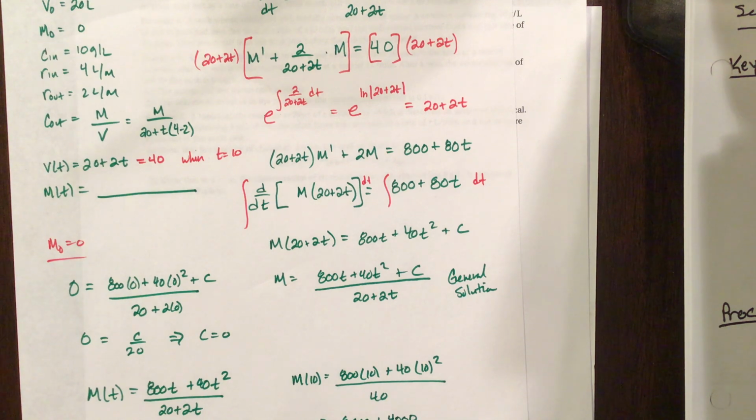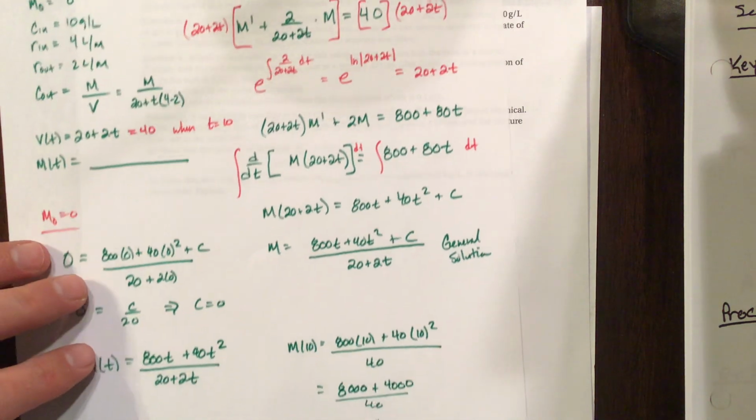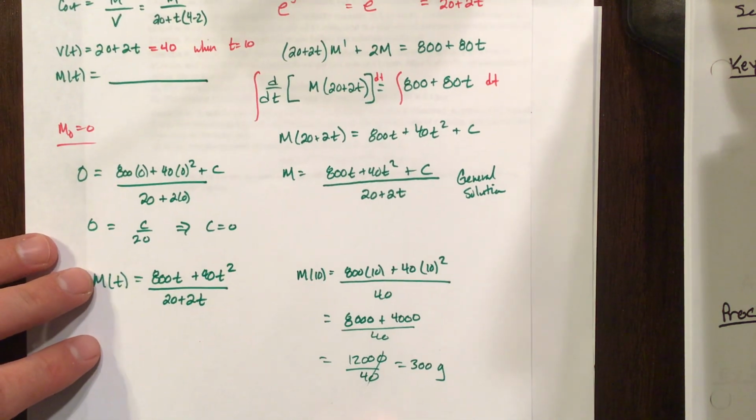Yeah. And divide that by 40, so we get 12,000 over 40. Looks like that is going to be 300 grams. All right, so you can't see that. Sorry about that.